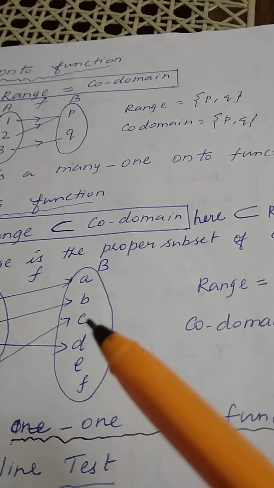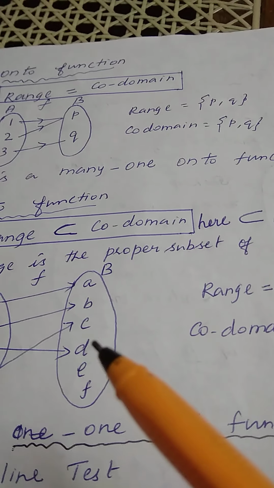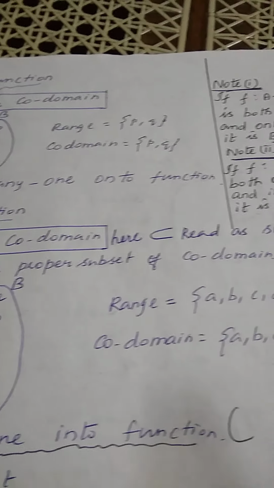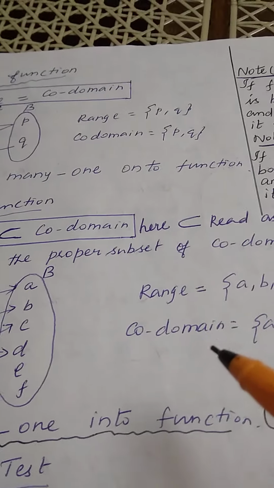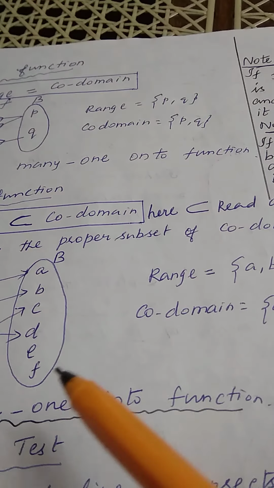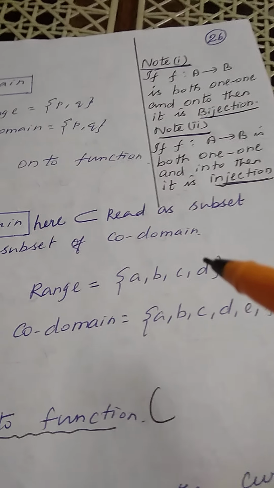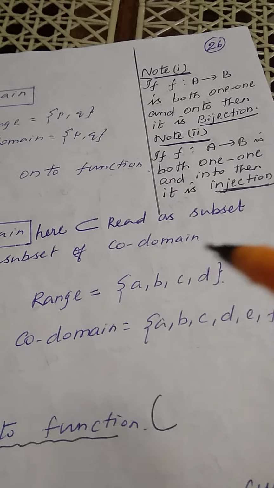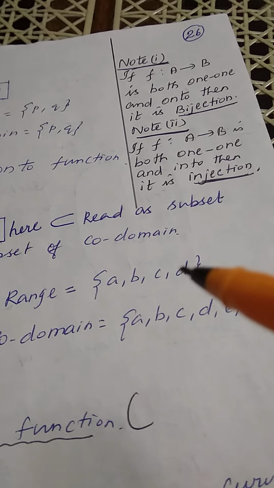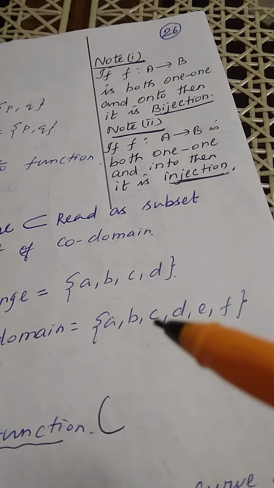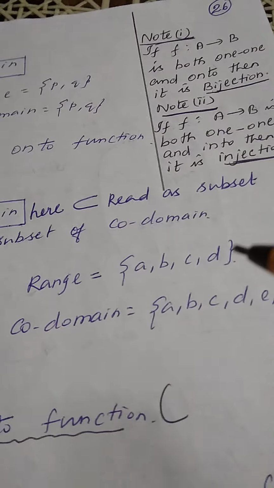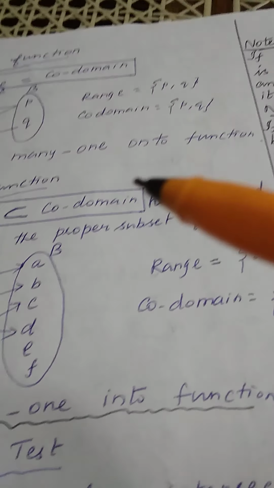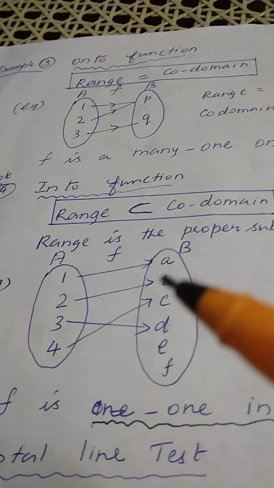A, B, C, D, because arrow lines go only to these four elements. So range is A, B, C, D. What is codomain? All the elements of B: A, B, C, D, E, F. Here, range is a subset of codomain. A, B, C, D are present, but there are more elements in codomain and fewer elements in range. When range is a subset of codomain, this function is called into function.